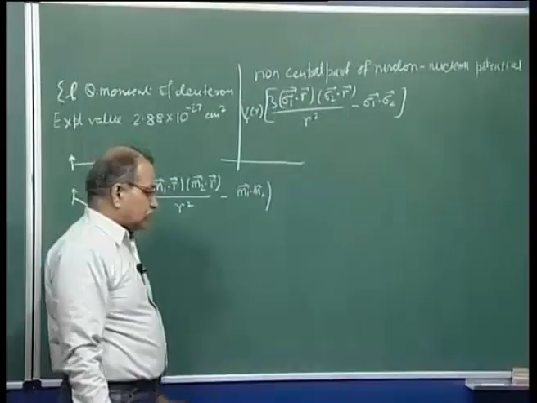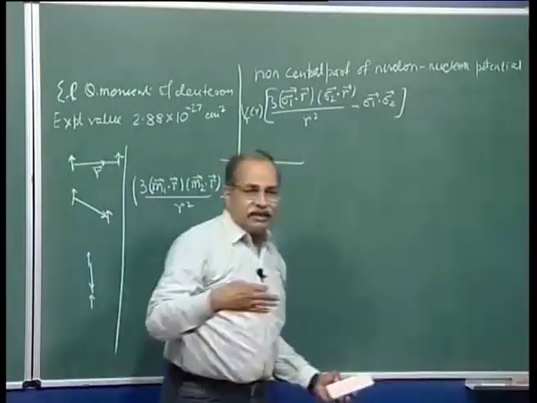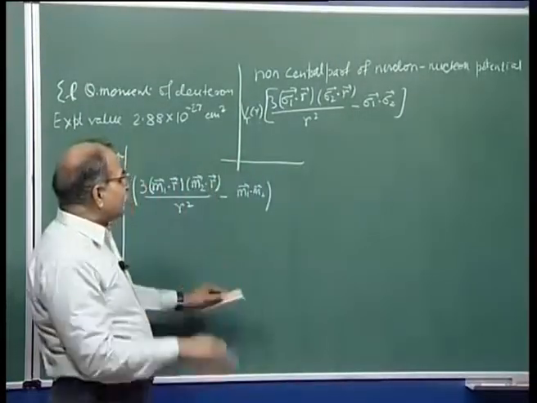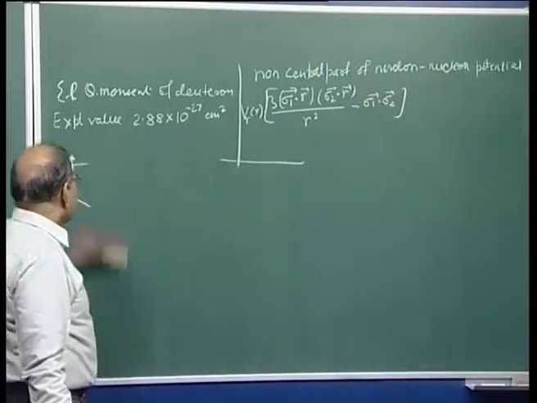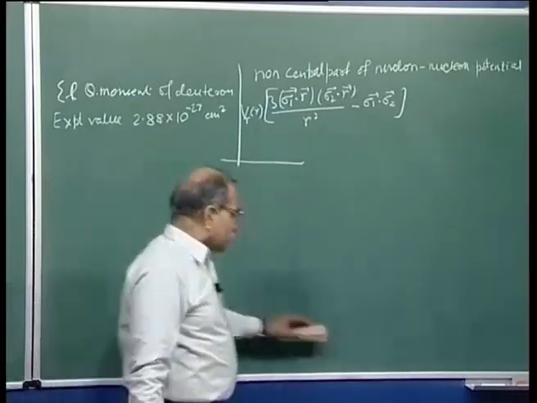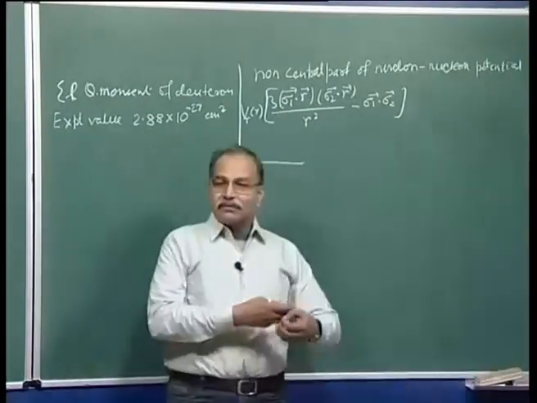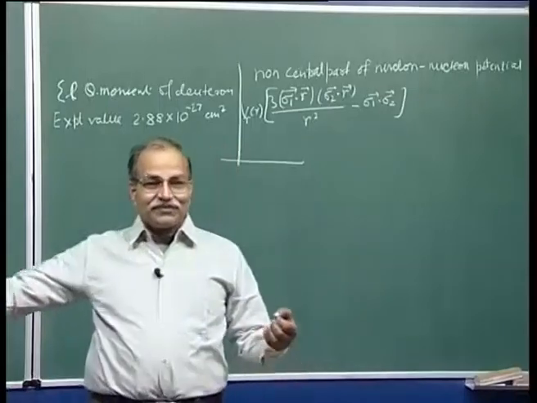Okay. So, there are many other terms which one has to bring in to really explain all the experimental data. If you try to write the potential between nucleon and nucleon, it is a long expression, right.